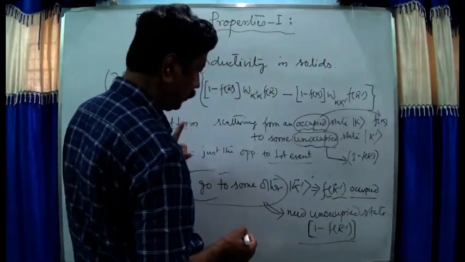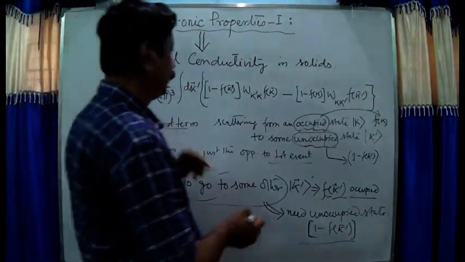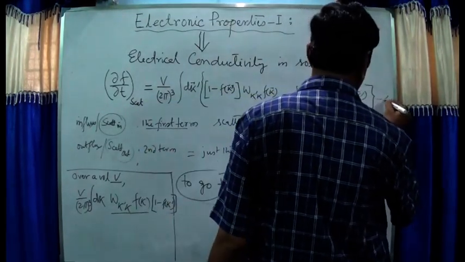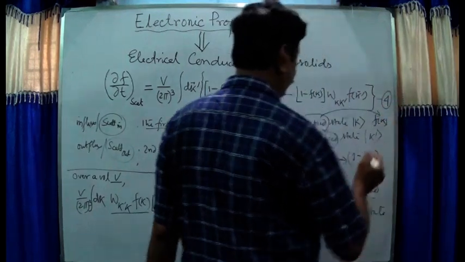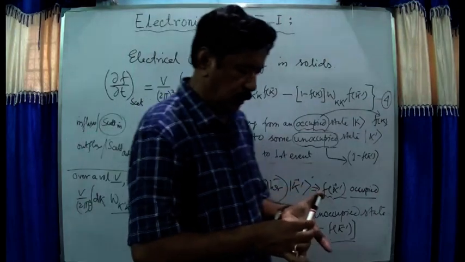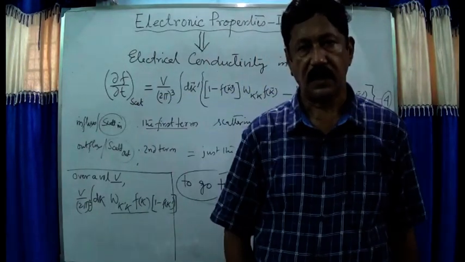So these are the meanings for these two expressions, and let the equation for this scattering term be labeled by equation number 4. Okay, this is the most general form of scattering term that we have written here.